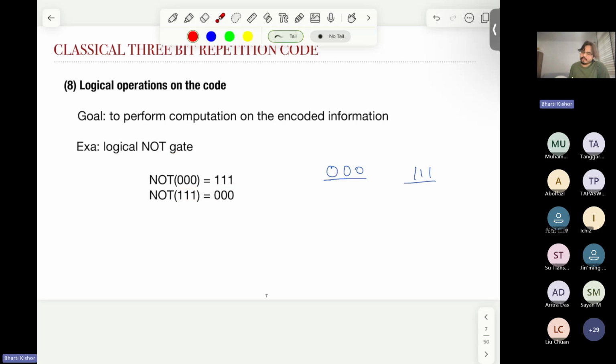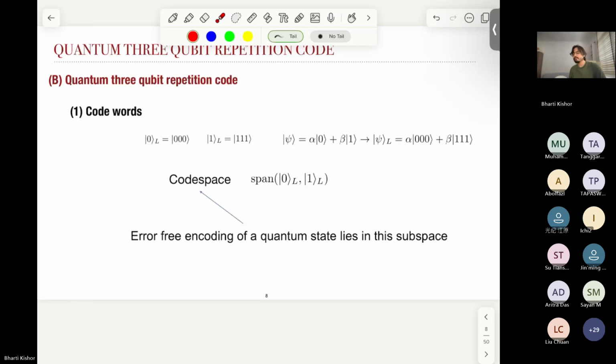So even in the quantum case, you do the encoding, and then in the logical space you need to do some operation. So those will be logical operations. Okay, so that's all the classical error correction part that we need to know. There are more interesting things like parity check matrices and generator matrices, and there are many nice books on classical error correction that one should consult.